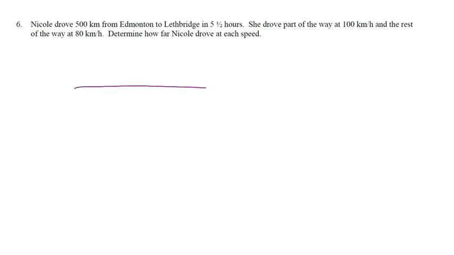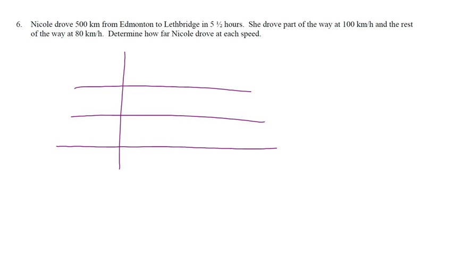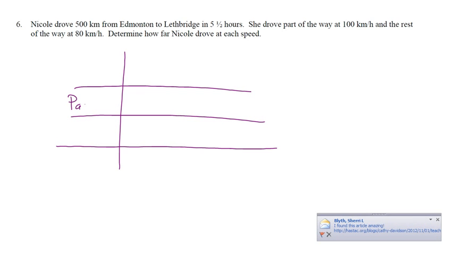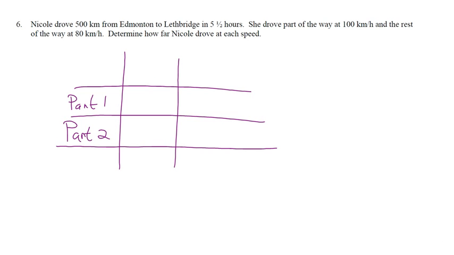Okay, so again, distance, speed, time. I like tables. So we've got part 1 and part 2. We've got a distance, a speed, a time. How far did she travel at part 1?